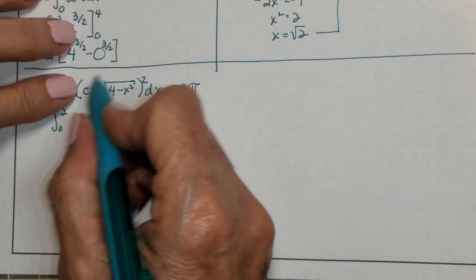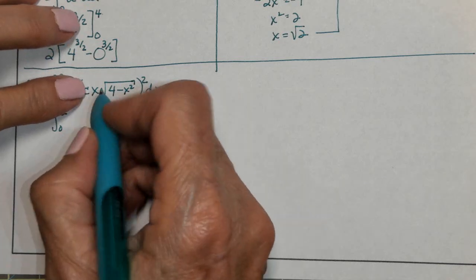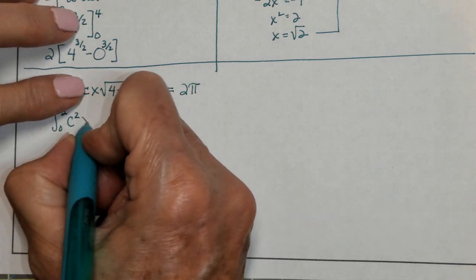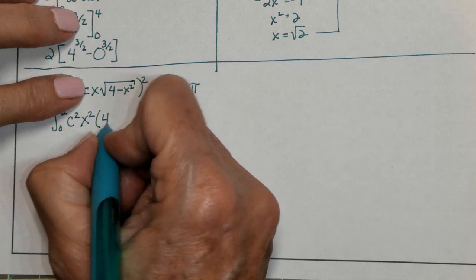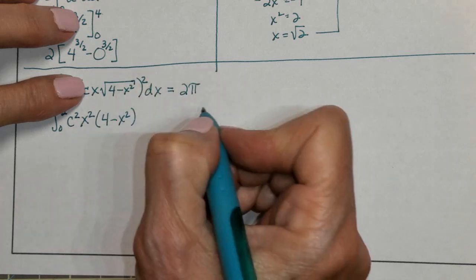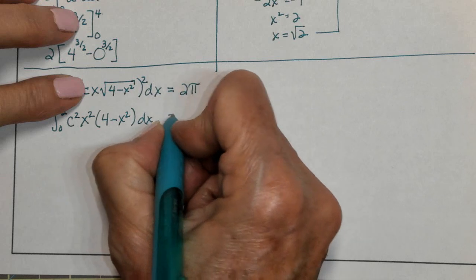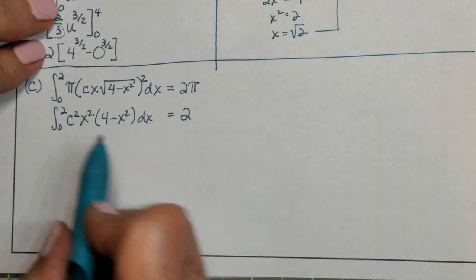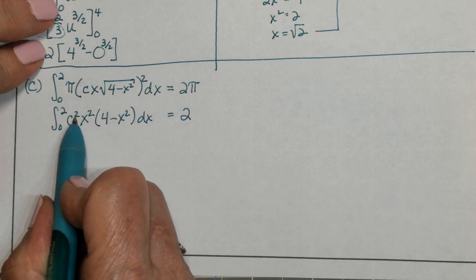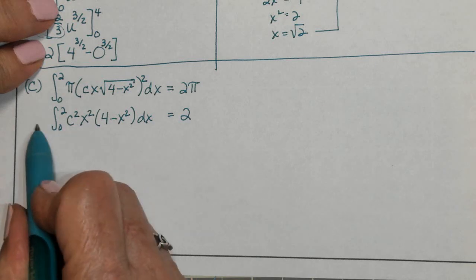I'm going to square this product in here. This will be c squared, x squared. The square root squared will be that. And that's equal to 2.